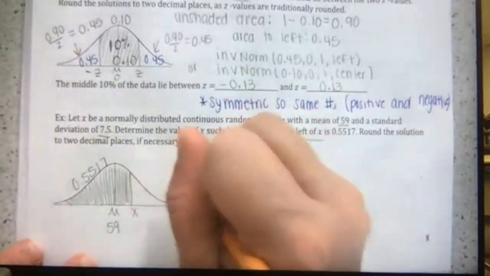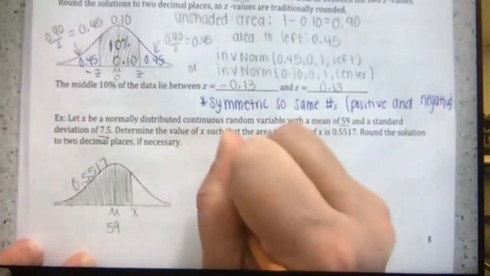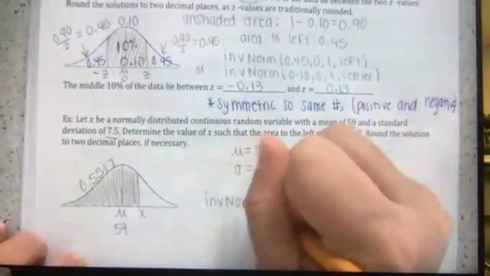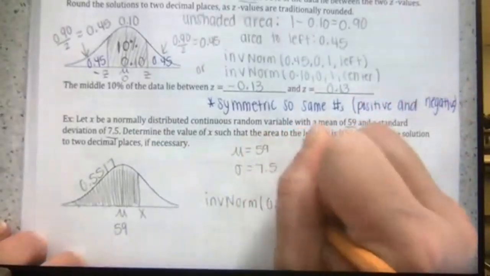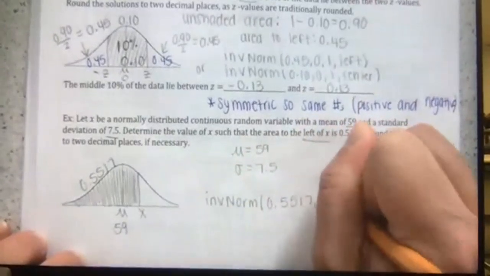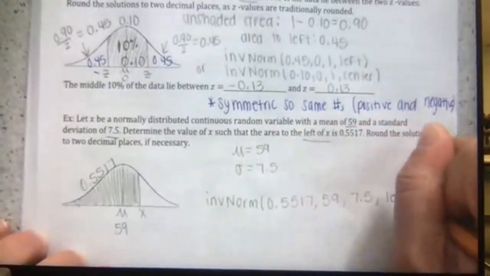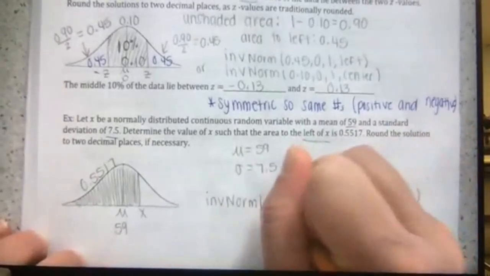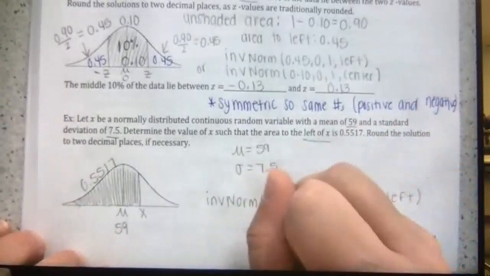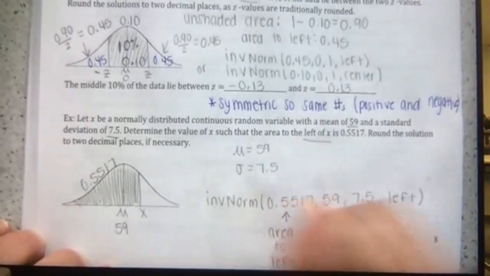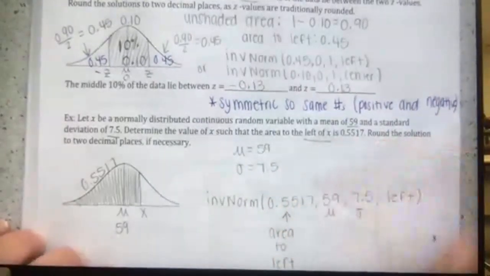So in our calculator, we're going to do inverse norm. Area to the left is 0.5517, our mean is 59, and our standard deviation is 7.5. Again, that's area to the left.